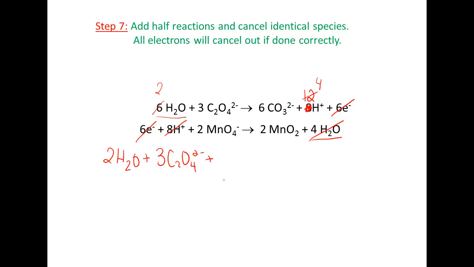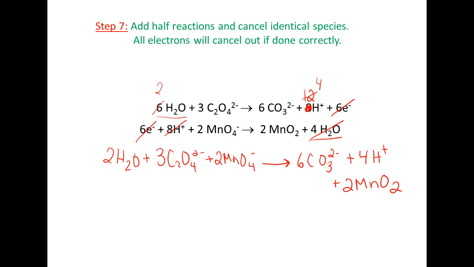Okay, so we don't have any H pluses on the left side because they all canceled out, and we have 2 MnO4 minus. This is going to give us 6 carbonate ions on the right side, plus 4 H pluses, and 2 manganese oxides.